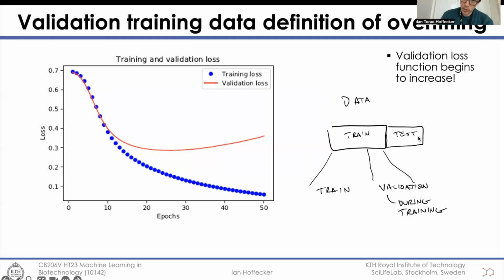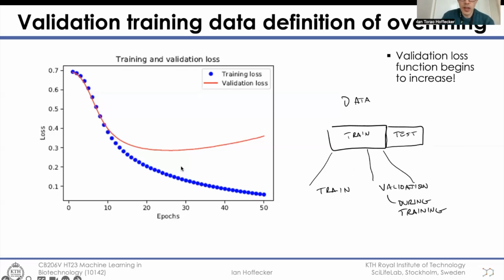So we already know about train test data partitioning, where we split our data into some data that's for training and then some that's meant for evaluating it after it's been trained. But we can also, during the training, set aside another subset of data that is designed specifically to evaluate how the training is going on each epoch.